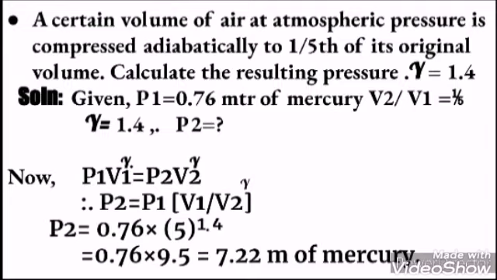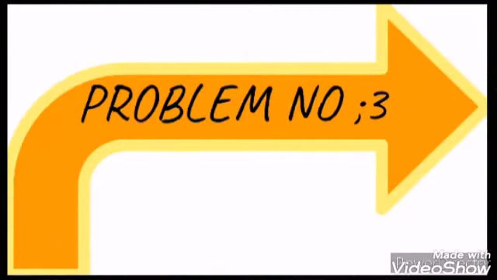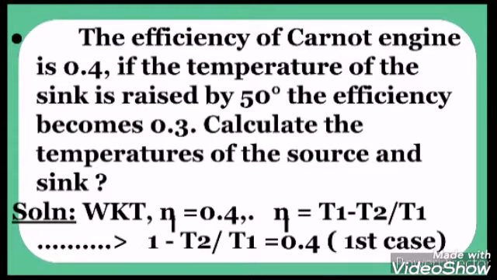That is, P2 is equals to 0.76 into 5 power 1.4. The value of 5 power 1.4 is 9.5. By multiplying it with P1, that is 0.76, we get the resulting pressure P2 is equals to 7.22 meter of mercury.